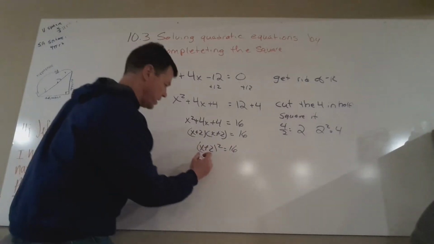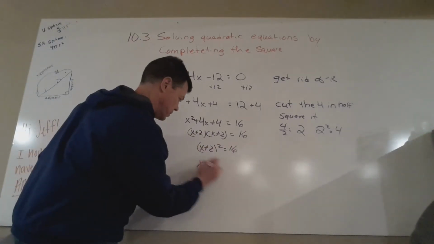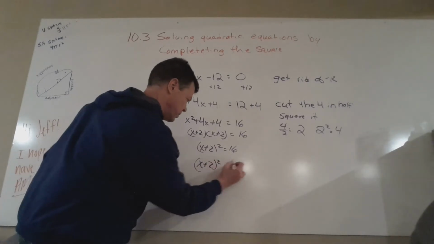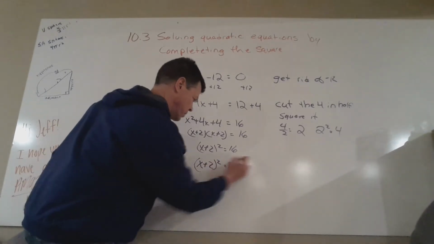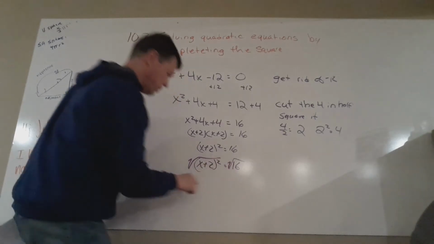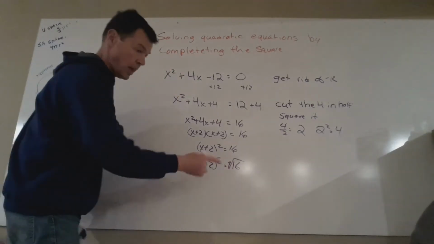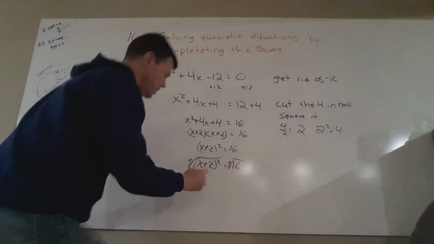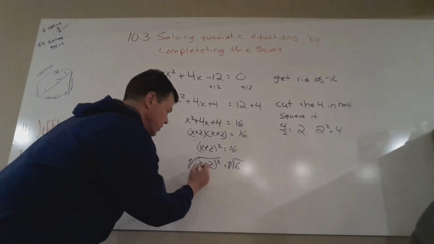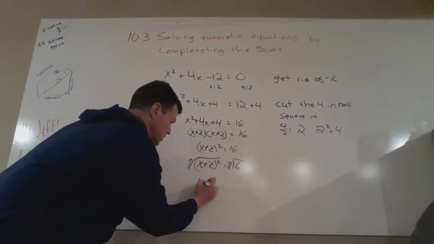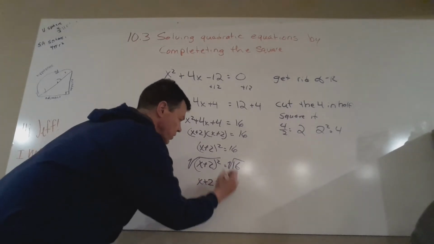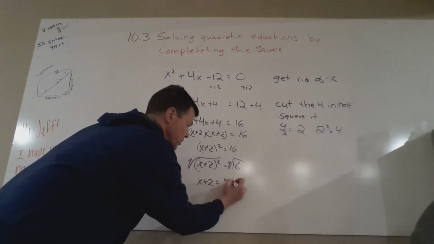When we're taking the square root, I could have a positive or a negative. So the square root of x plus 2 squared is just x plus 2, equals plus or minus 4.